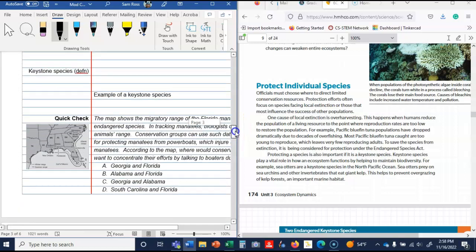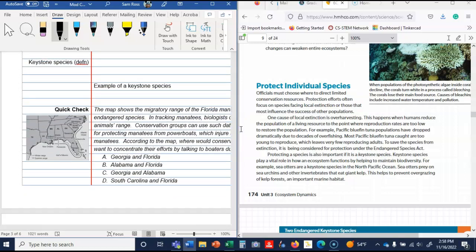We have defined pioneer species. I'm not sure if we've defined keystone species, but it's right here. Protecting a species is important if it's a keystone species. Keystone species play a vital role in how an ecosystem functions by helping to maintain diversity.